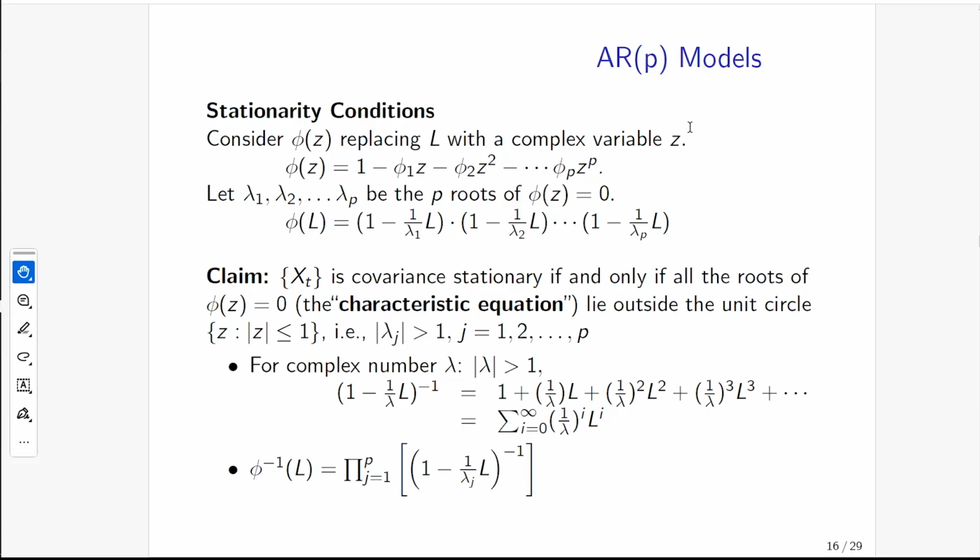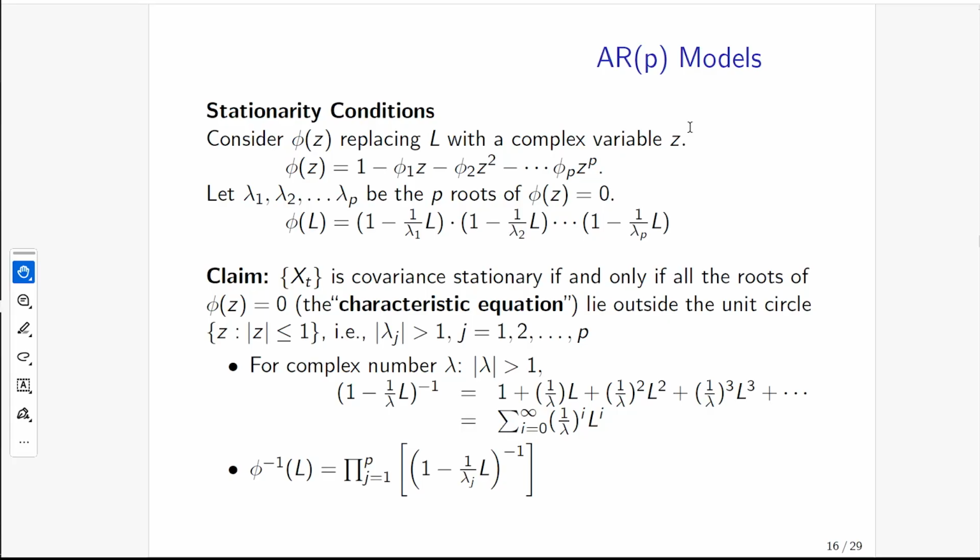So we get a covariance stationary sum of lagged errors, lagged white noise terms, with this representation. So the phi inverse of L is actually the product of p of these reciprocals.